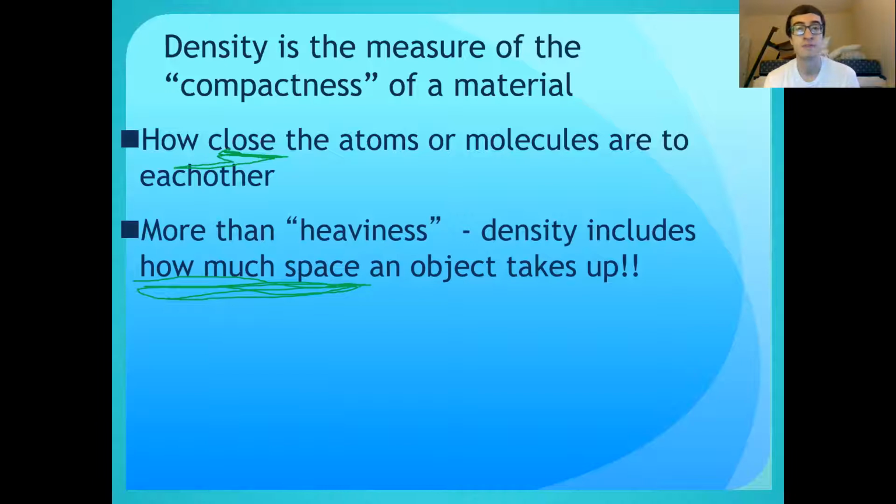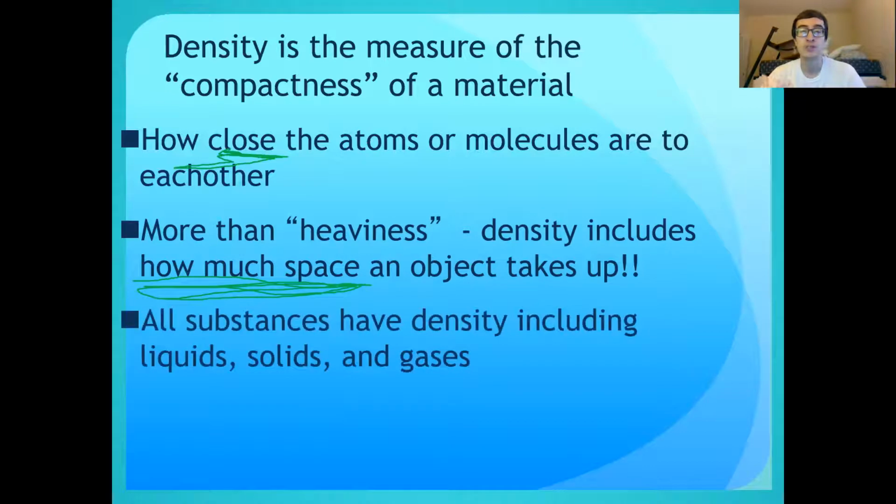But if we have something a lot smaller that's the same heaviness, say a 75-pound weight that's only this big, that would be a lot more dense material because it weighs the same as maybe a big couch or a mattress, but it's much, much smaller. So again, density is all about how big something is and how heavy that it weighs. It's those two things combined together to give us the density.